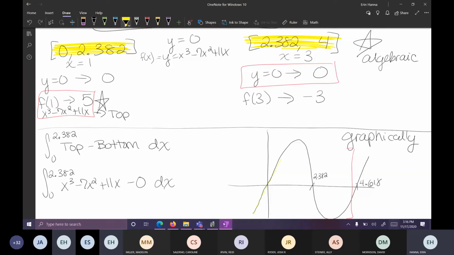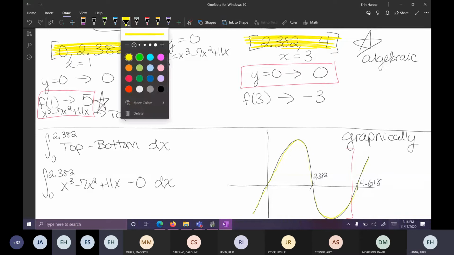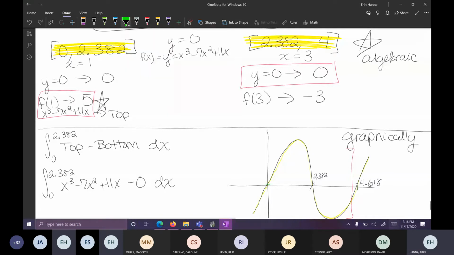We're comparing this cubic thing that we drew to the x-axis. So we're just saying which one is on top of the other in each section. If you look at this first section, 0 to 2.382, the cubic thing is on top. So our top function is going to be the x cubed thing, which is exactly what we came out to with the algebraic way.